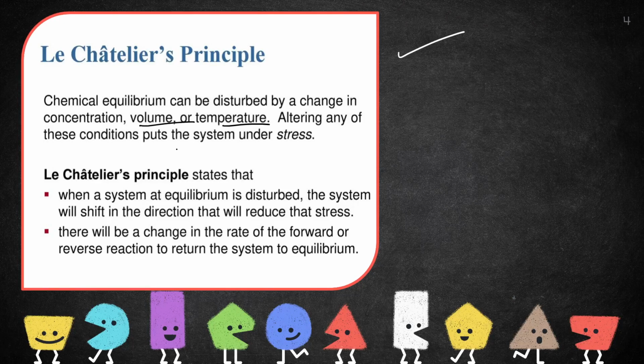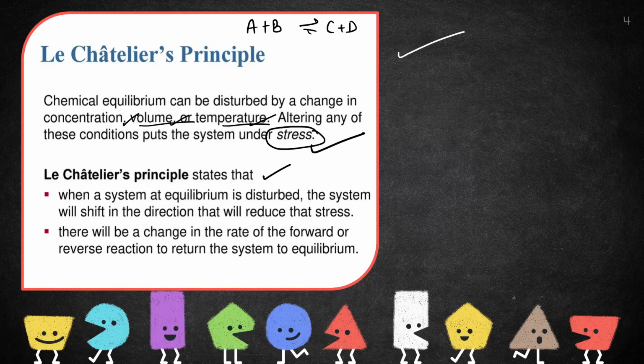Altering any of these conditions puts the system under stress. For any equation, let's say A plus B gives C plus D, that will also be disturbed, but the reaction will try to remove that stress. That is known as the Le-Chatelier principle.